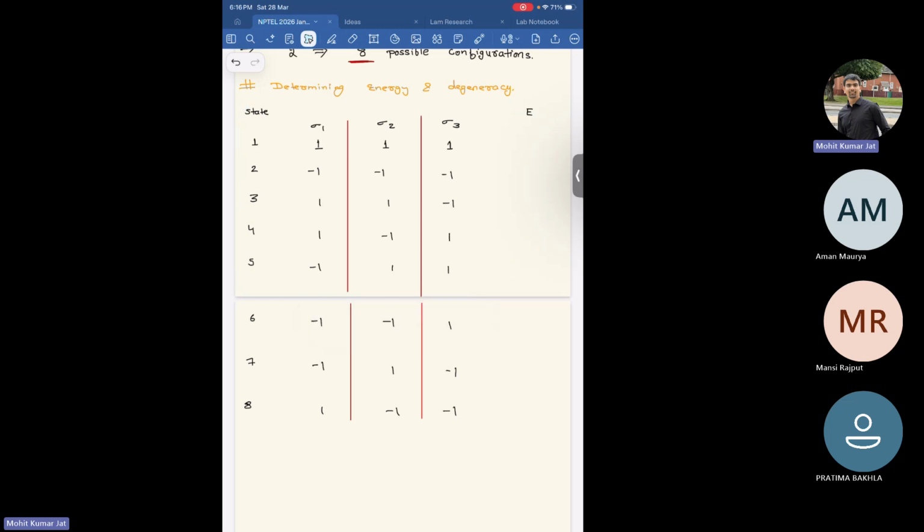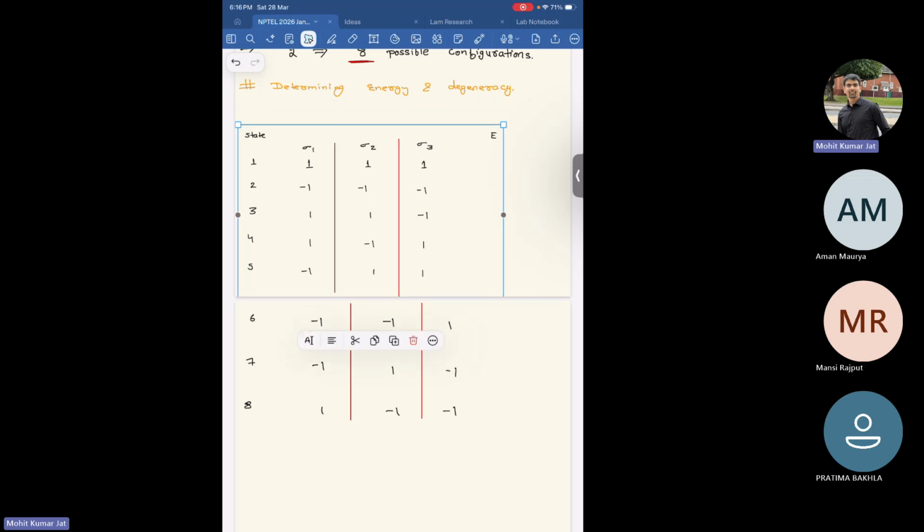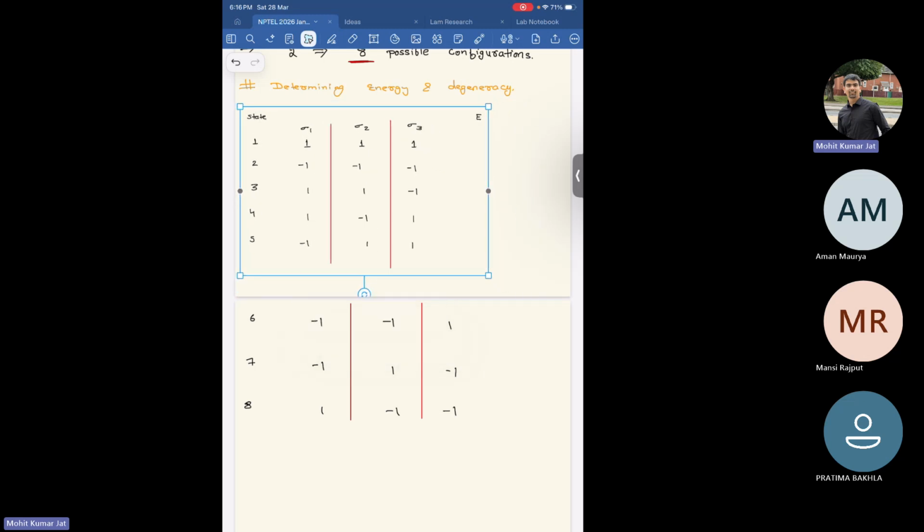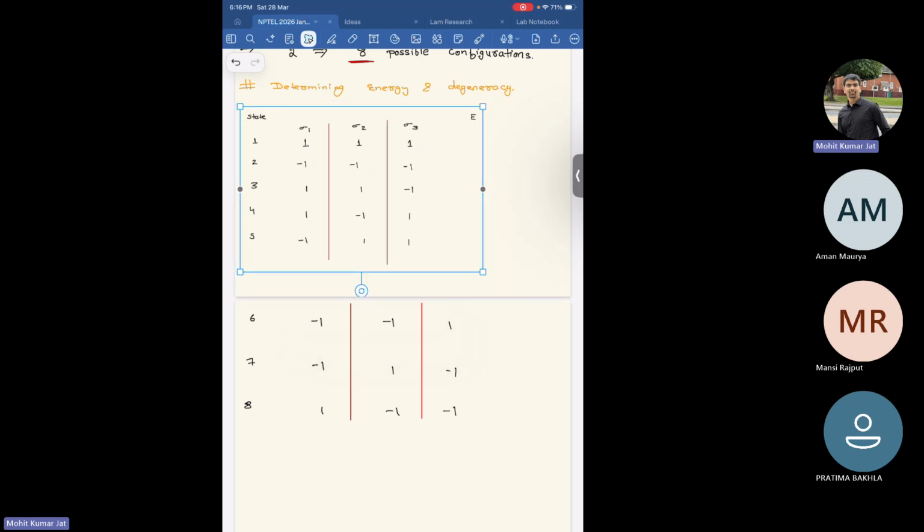I'll make it shorter in the dimension. Maybe this is good. Same thing I'll do here also.